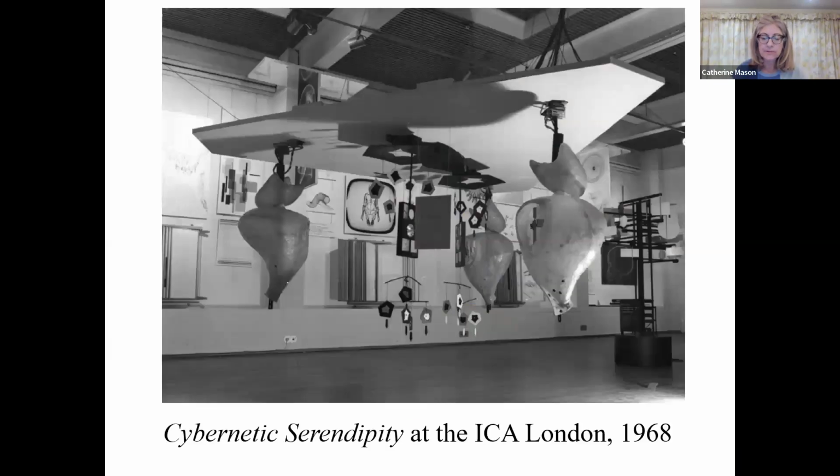Now, a good example of one of Pask's theories in practice was the piece that he exhibited at Cybernetic Serendipity, the Colloquy of Mobiles. And this demonstrated one aspect of his conversation theory. And this definitely had an impact on George Mallen. Now, conversation theory was an attempt to explain learning in both organisms and machines.